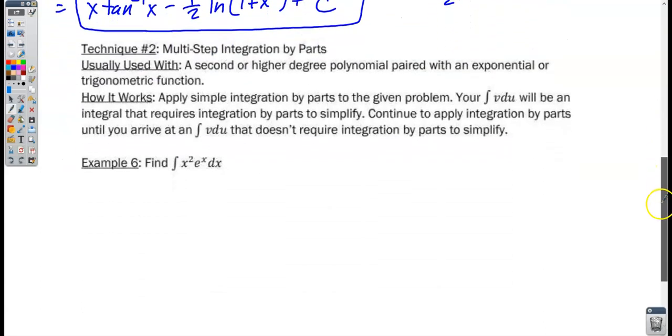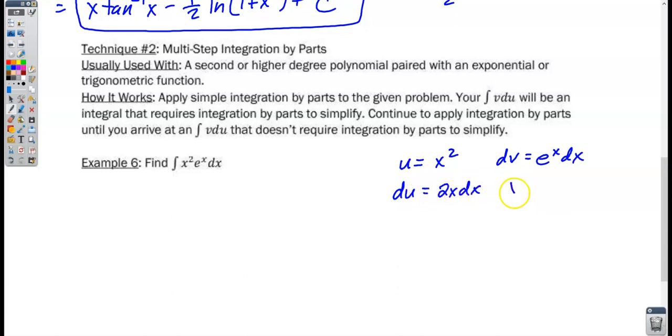All right, let's go ahead. We'll look first at example 6 here. Find the integral of x squared e to the x dx. So we've got a polynomial and an exponential, using LIPET. That means that our u is going to be x squared, and our dv is going to be e to the x dx. And then I take my derivative of my u and my integral of my v.